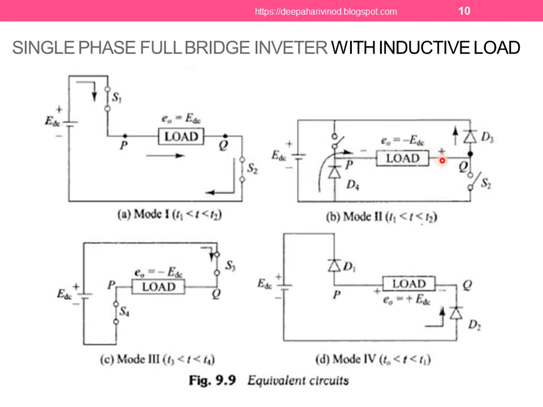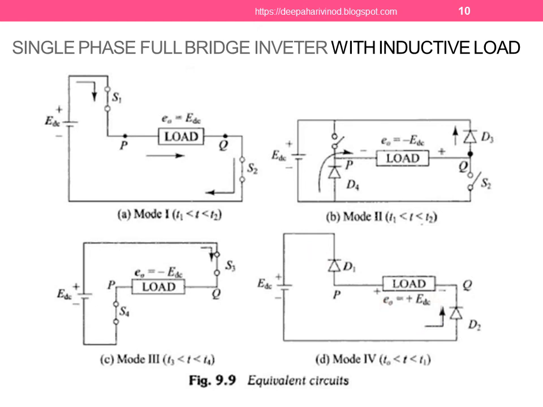In mode 3, S3 and S4 are closed and the load voltage is minus EDC, and the current flow is shown here. And in mode 4, the diodes D1 and D2 are conducting, S3 and S4 are open, and the current will be flowing in this path.